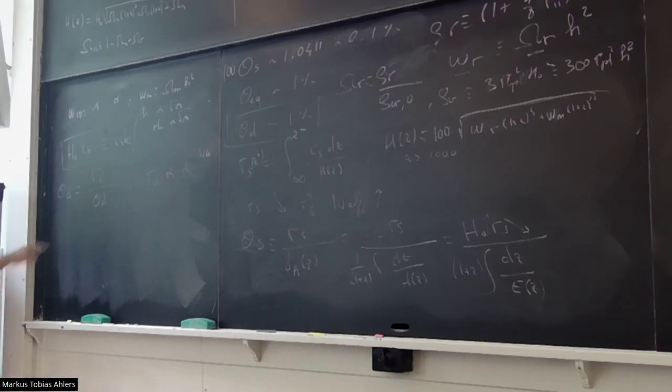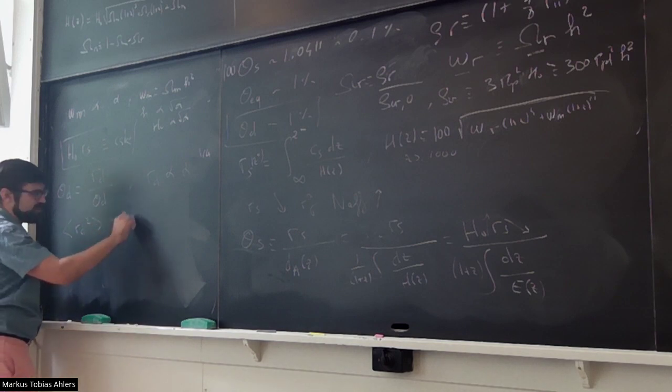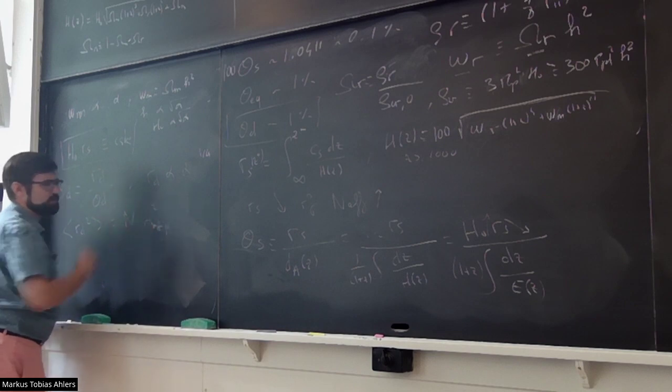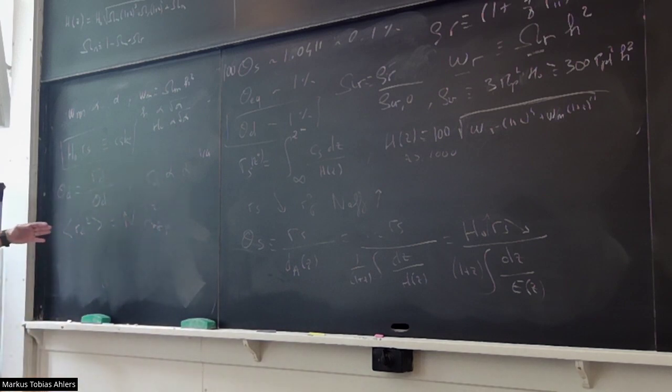The idea is that this damping scale we can get from computing the mean length over which photons diffuse. And this is equal to the number of scattering events times the mean free path squared. That's just from the diffusion coefficient calculation.